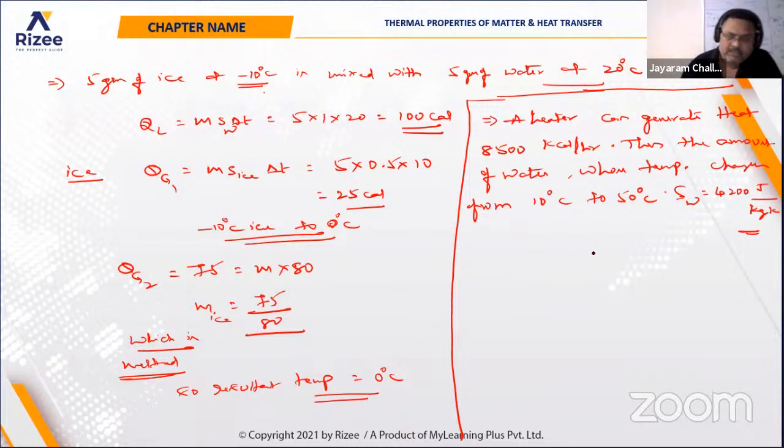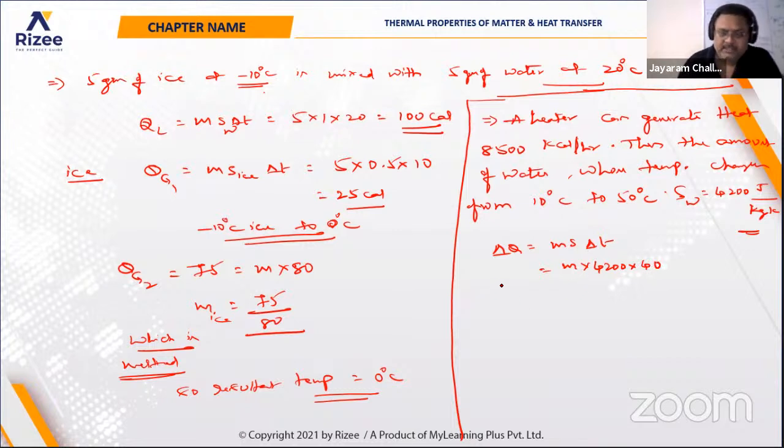Now you need to raise the temperature from 10 degrees to 50 degrees. For that, heat Q is equal to m s delta T. So the heat supplied, where mass is the unknown factor, is m into specific heat 4,200, and the temperature rise from 10 to 50 is 40.